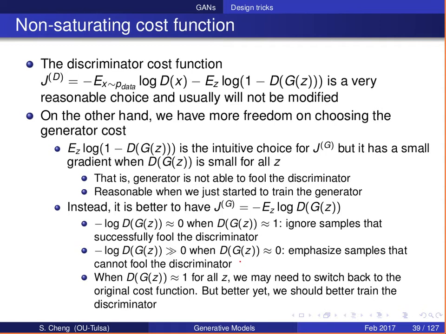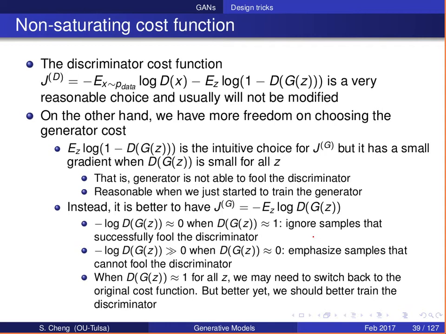But if D(G(z)) is approximately 0, saying that the generator is not able to fool the discriminator, then this value will be much bigger than 0. So basically the generator will focus on the samples that are not able to fool the discriminator at the beginning.